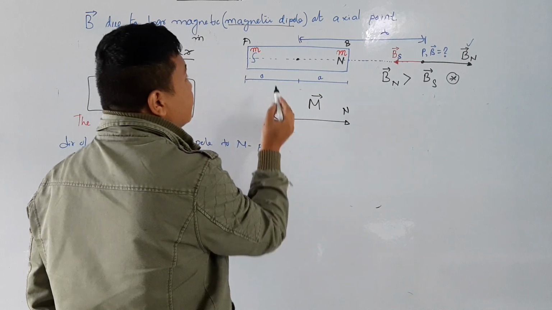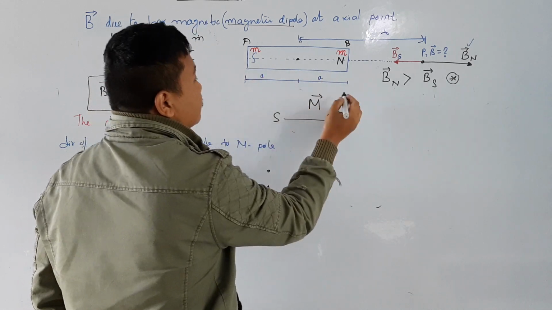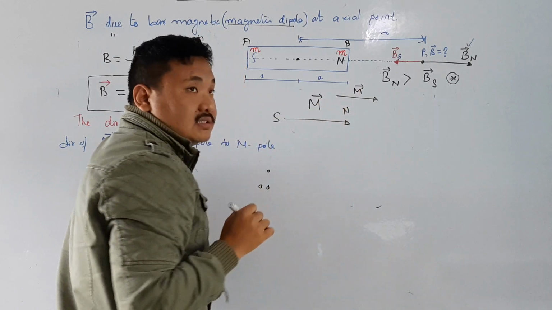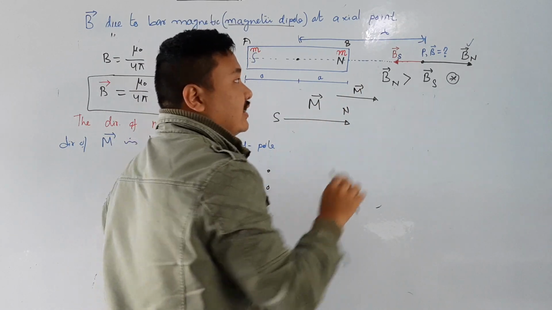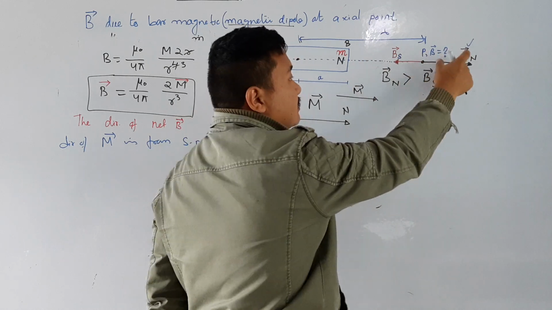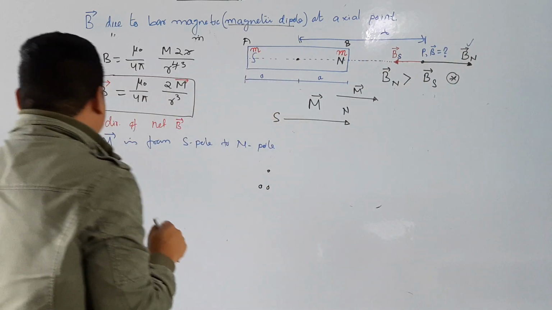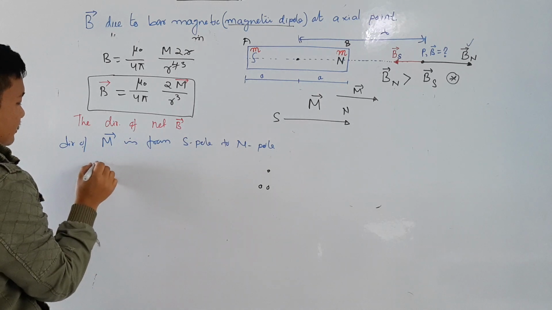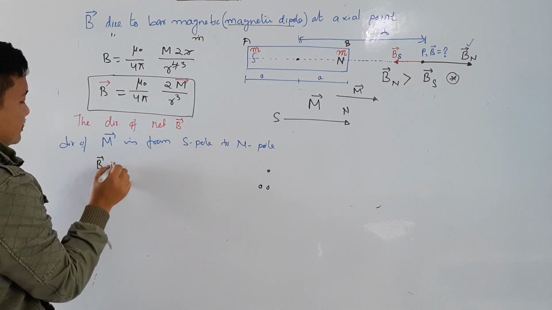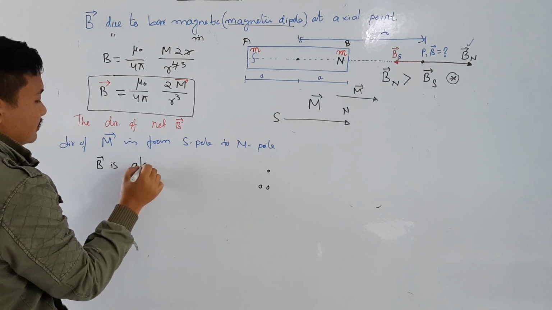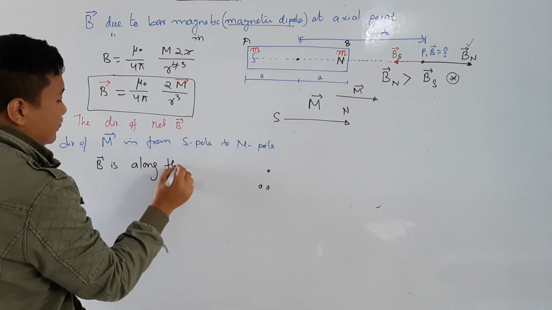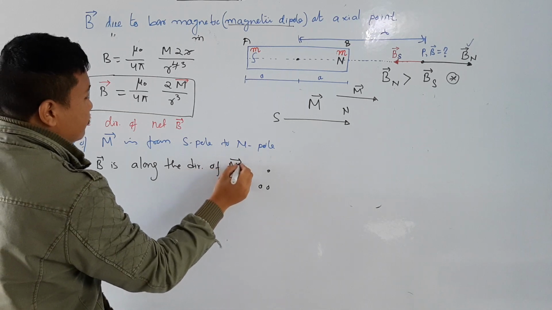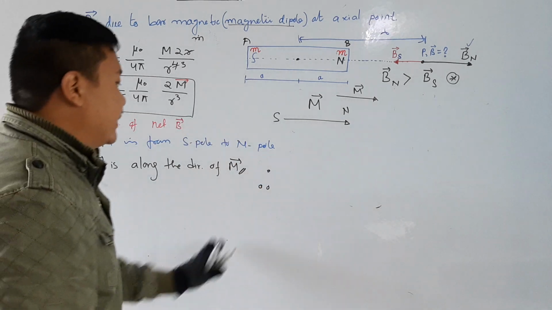This is south and this is north, so this is the direction of magnetic moment. Similarly, the net magnetic field is going in this direction, because this is large. It means that the direction of net magnetic field is along the direction of magnetic moment. This is the final answer.